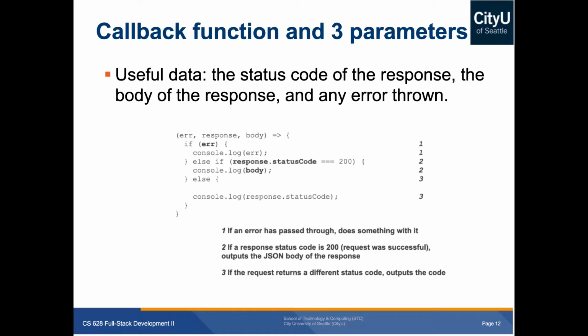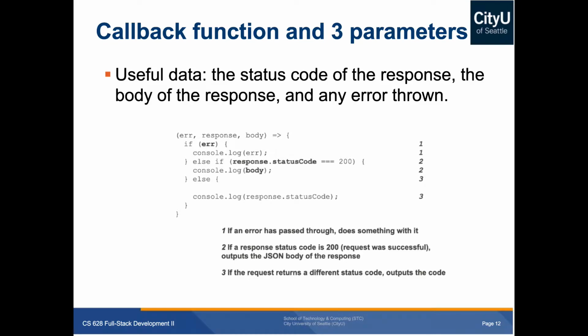So this is now dealing with the application server portion. In the previous two lessons, the application server was making requests to the API server. Now what we're dealing with is the side wherein the API server is responding to the application server. This is the view from the application server receiving a response. We start with an anonymous callback function with error, response, and body.